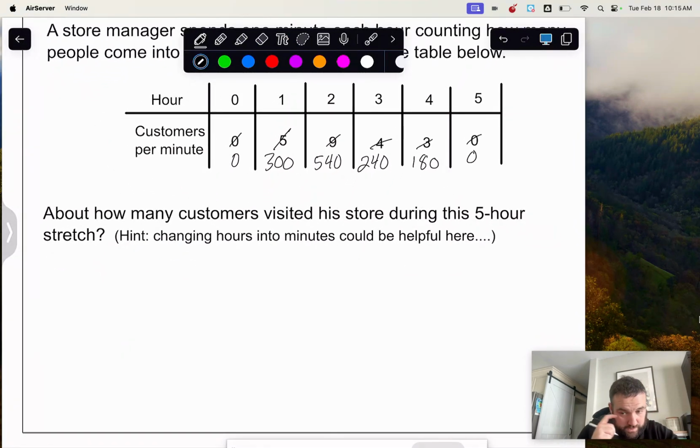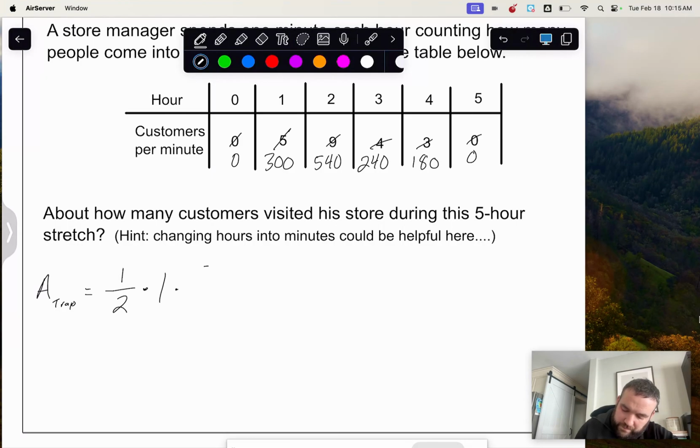So what I'm going to say is the trapezoid rule was 1/2 and then the width of each interval. So the area using trapezoid rule would be 1/2 times the base or the width of each time frame. In this case is 1 hour. So I'm going to multiply by 1.